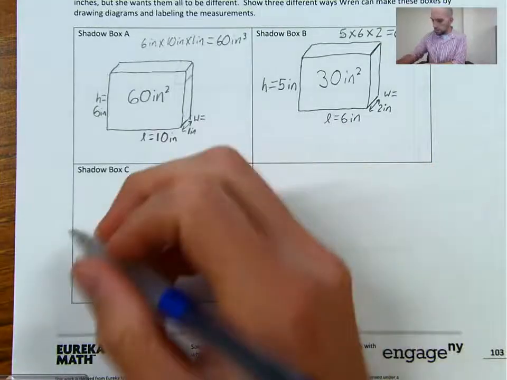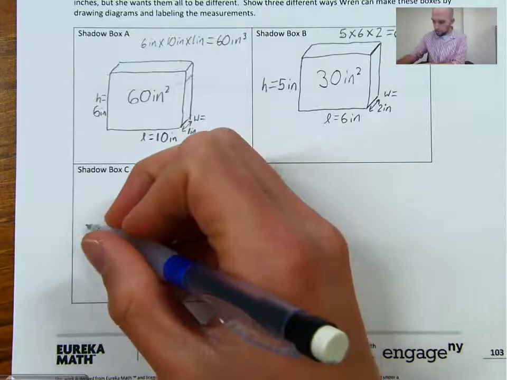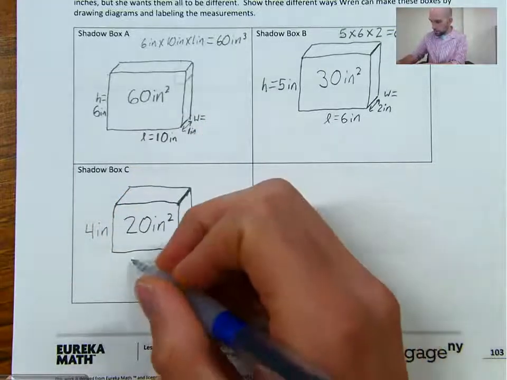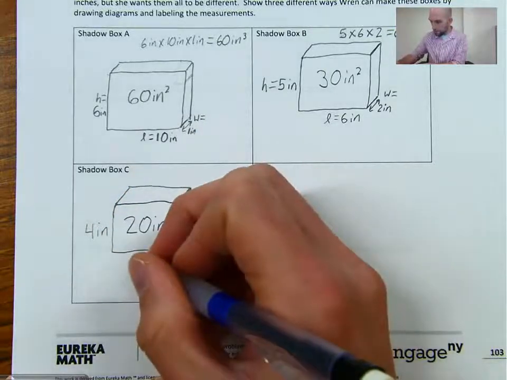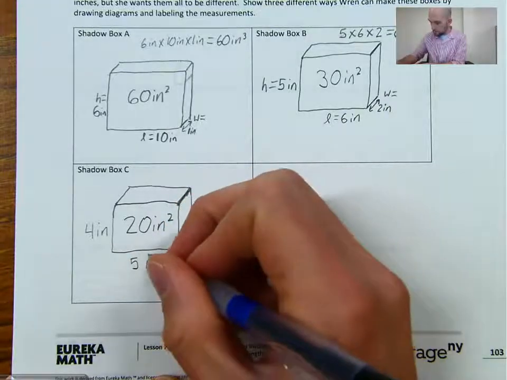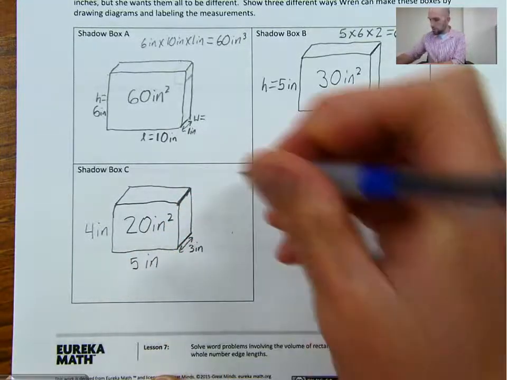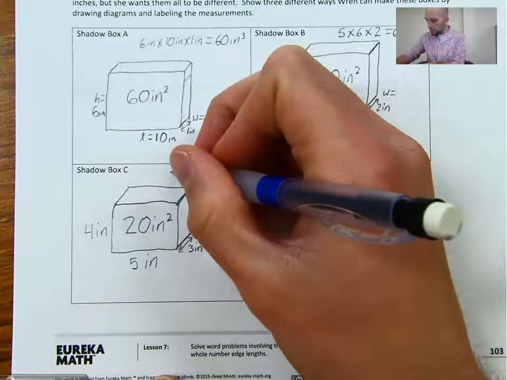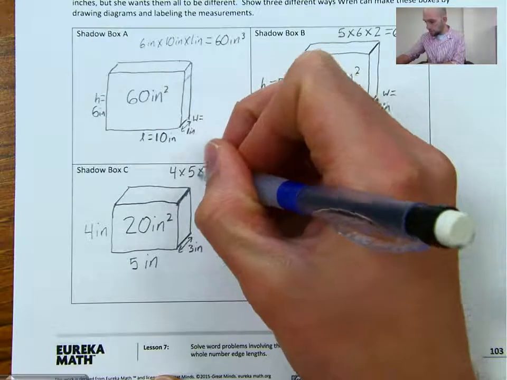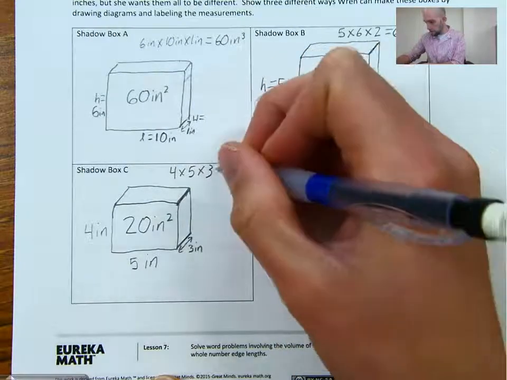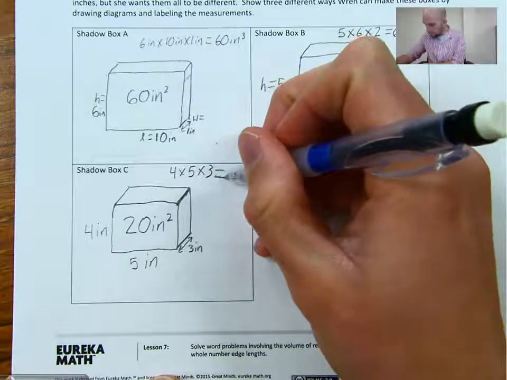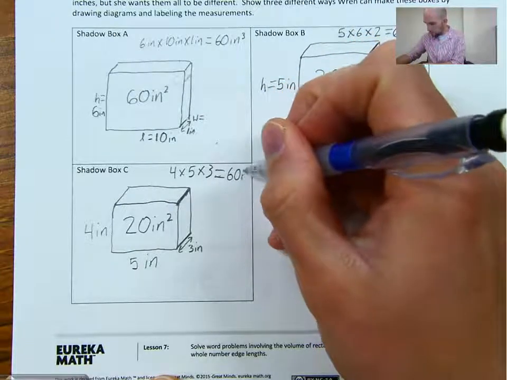So let's do 4 inches. And on this side, we'll do 5 inches. And when we multiply 4 times 5 times 3, we'll get 60 cubic inches.